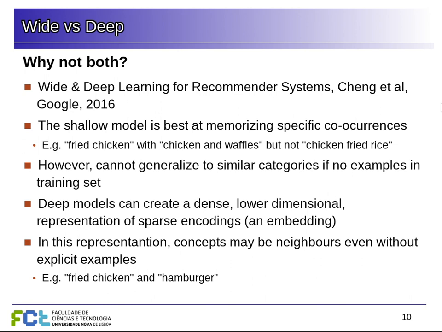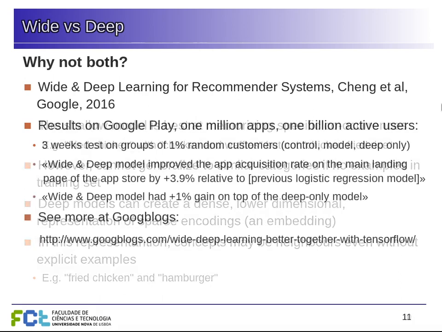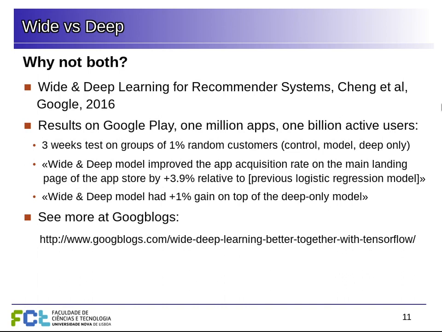Then things like meals, for example, fried chicken and hamburger, can be placed close together relative to things like televisions or motorcycles or something like that that are very different. So these representations can allow us to find similar things, but they are not exactly the items that the people have bought together. So this was implemented on Google Play.